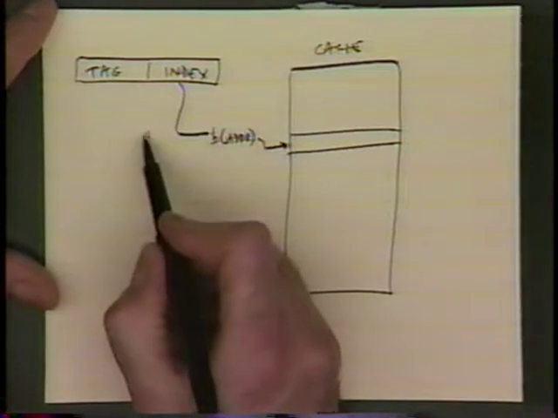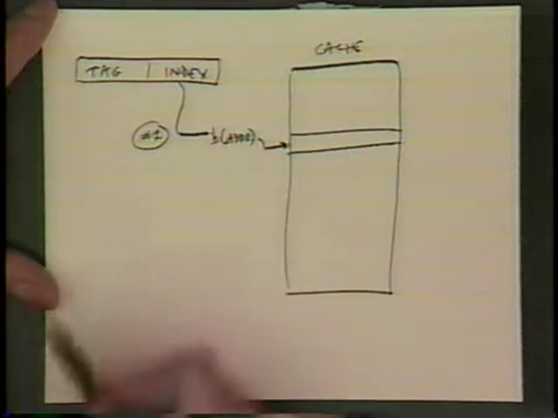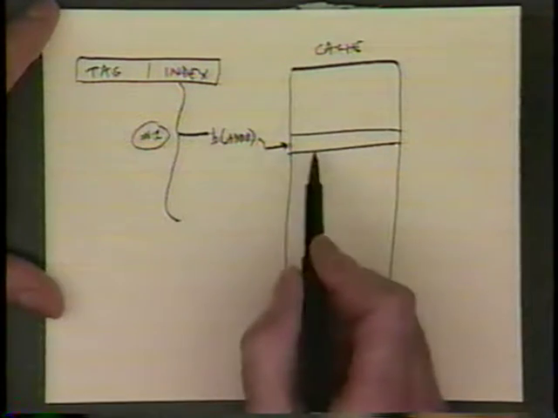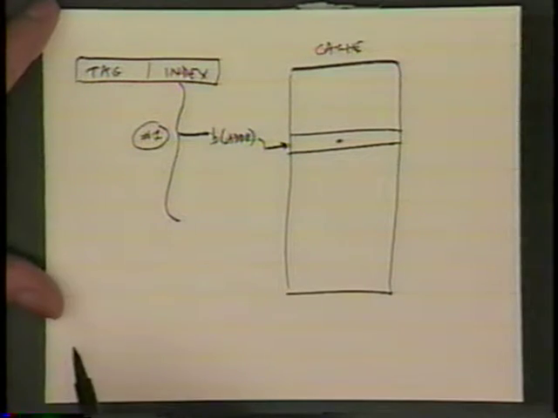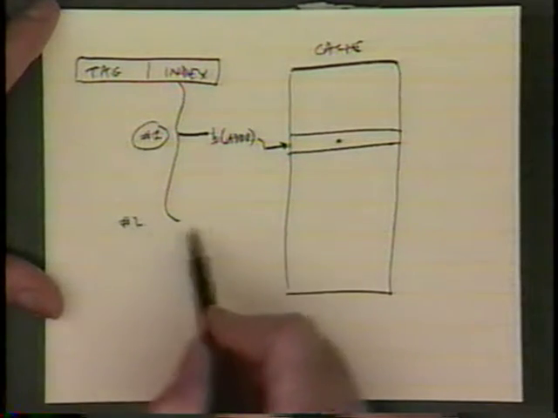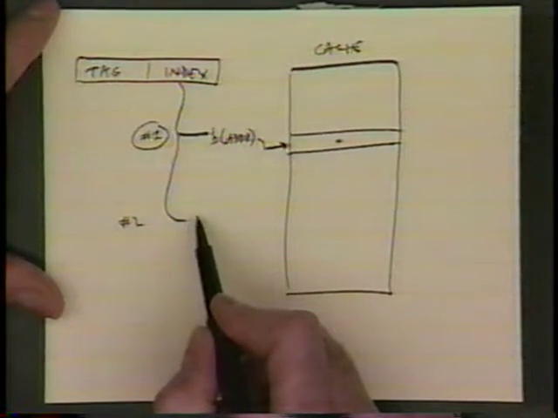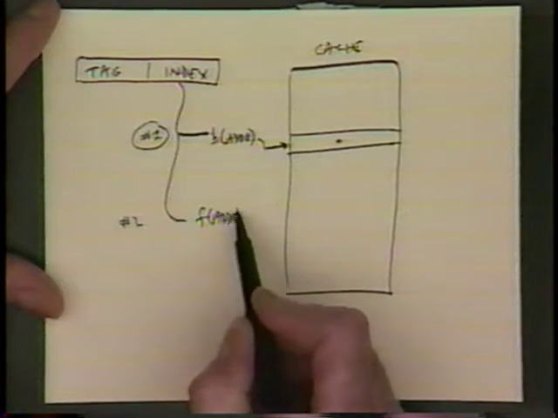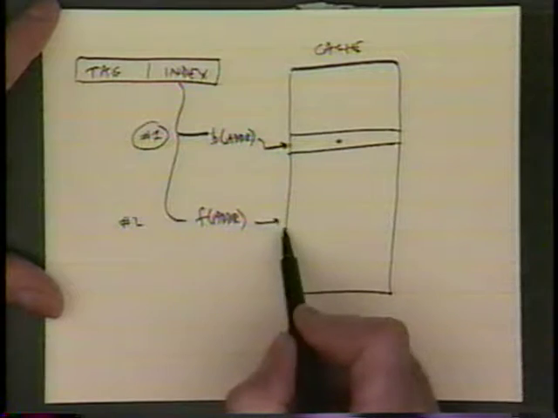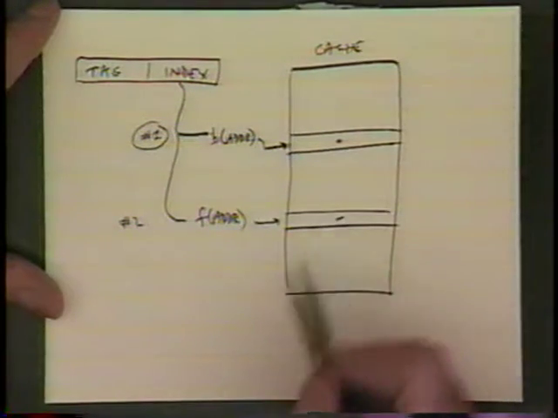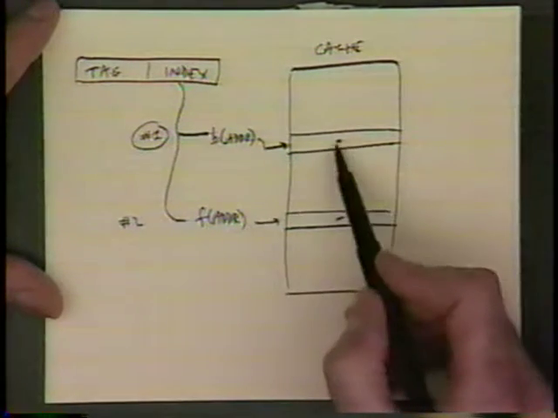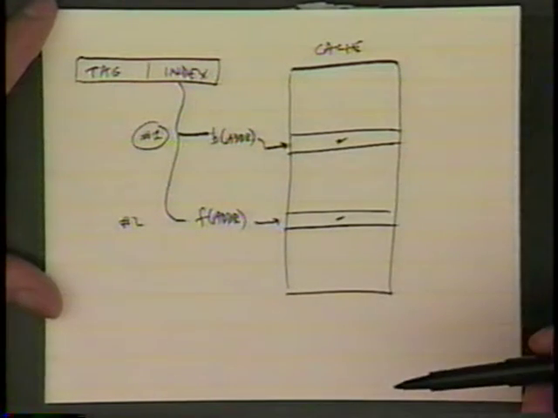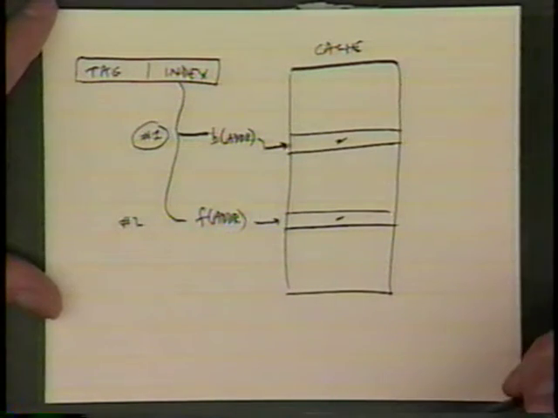Well, the next step is let's try another location in the cache. If you fail to find it in the first location, as a second step, let's do another function which winds us up somewhere else in the cache. Let's call that f of the address. Look it up in that location, and if it's there, you've won. It took you a little bit longer. You had to do 2 lookups in the cache instead of 1, but you found it in the cache and you didn't have to go to main memory.